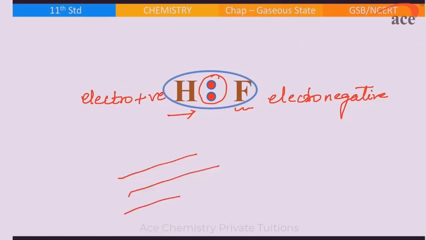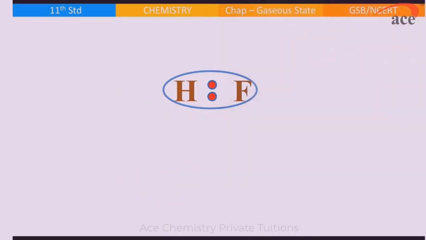So what will happen now? Fluorine is going to pull the electrons. And when fluorine has the electrons in its vicinity, in its area, it will get a partial negative charge. This is the symbol.